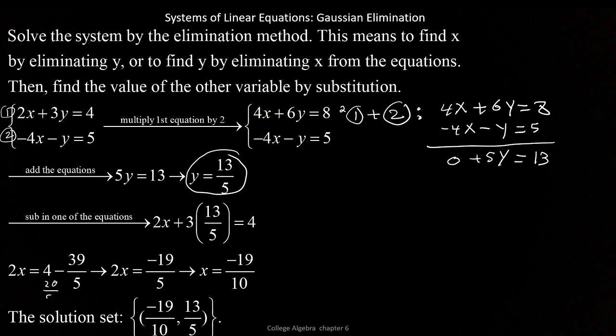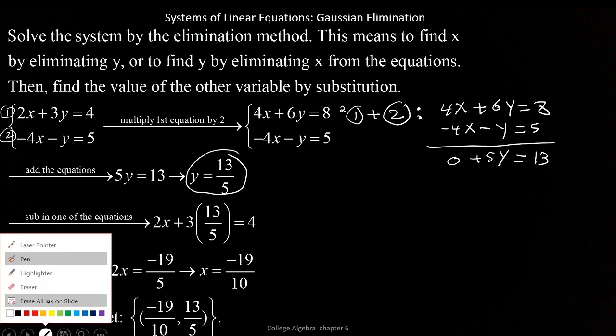Is 20 over 5. So 20 over 5 minus 39 over 5 is what? Is negative 19 over 5. And x is negative 19 over 10. So that's the solution. And notice that the solution is given as an ordered pair, right? That's the solution.